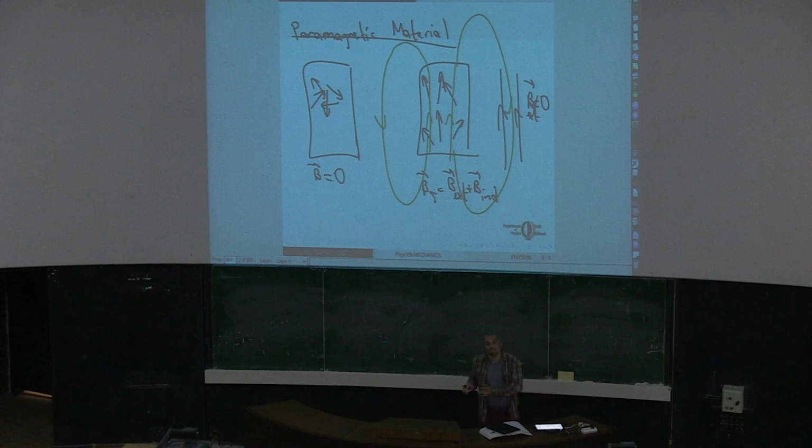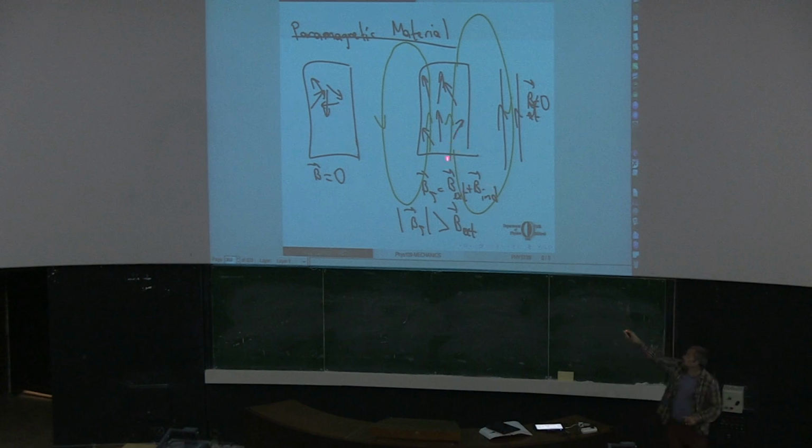When I put them in a magnetic field, the magnetic dipole moments try to align. And since they are aligning, they will not be canceling each other, not completely at least. So I will have a net magnetic dipole moment, and this net magnetic dipole moment is creating this induced magnetic field. You see, inside, the external magnetic field is stronger.